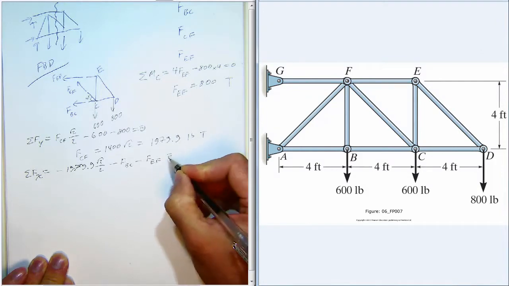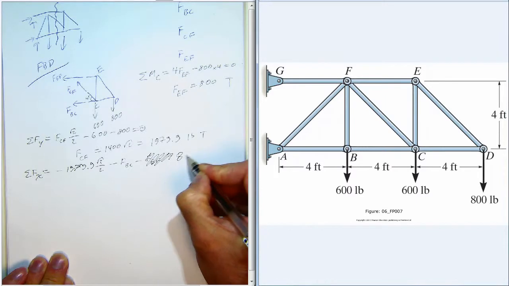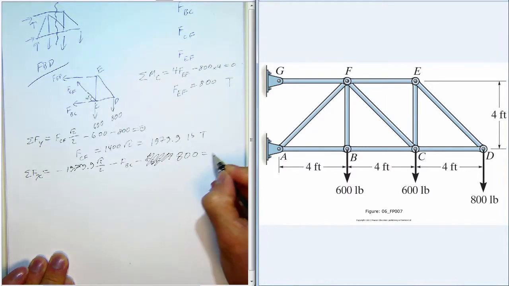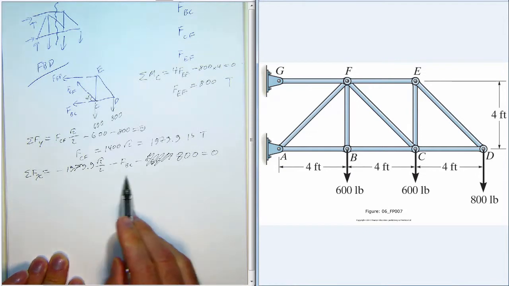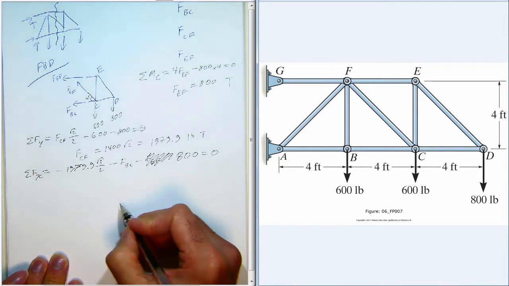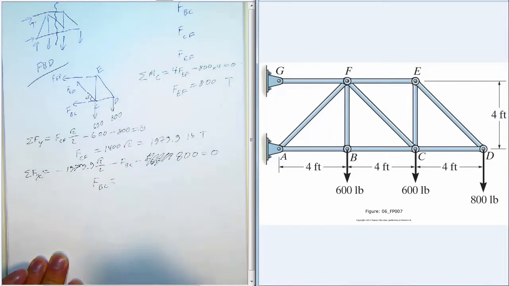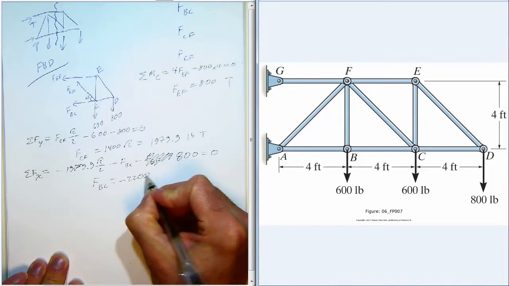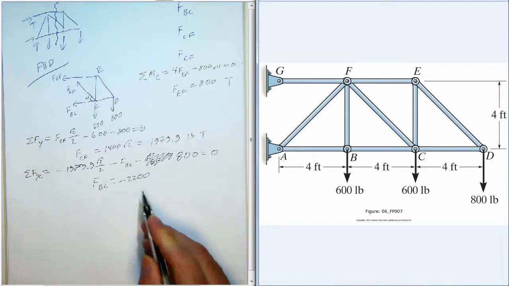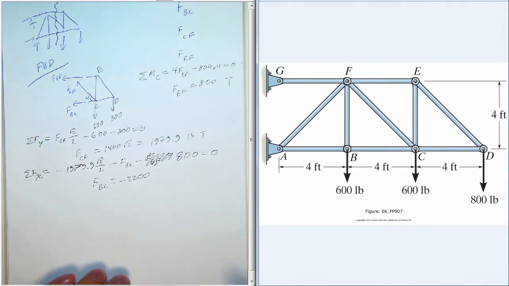Oh, FEF is 800, so that's FEF, and those add up to 0. So it looks like FBC is drawn in the wrong direction. What we come up with is that FBC is negative 2200. And so it's drawn improperly. It should be drawn in compression.